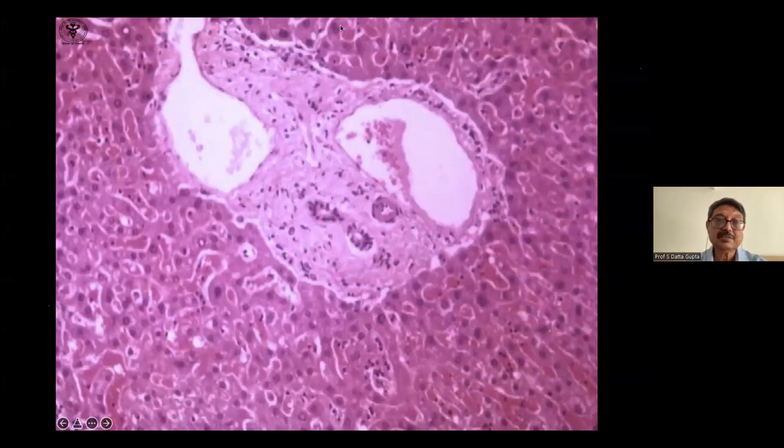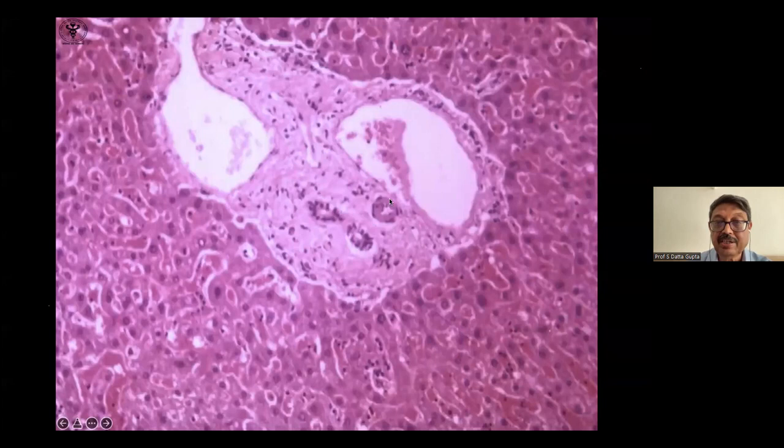The second thing is, in the portal tract, I told you, there's fibrous tissue, and these are the portal veins, which are most dilated. And you'll find an arteriole and bile duct. Embryologically, both of them develop together, and that is why wherever there is an arteriole, next to it you'll find a bile duct.